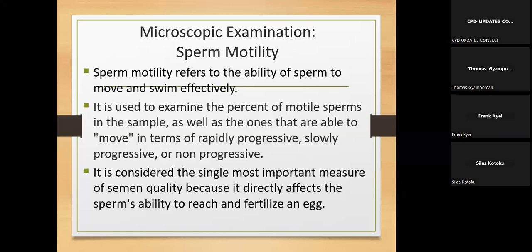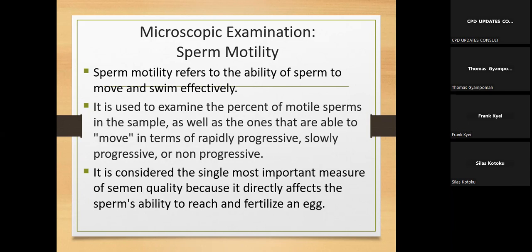So all those will be captured, plus those who are moving fast and those who are moving slow, plus those who are just staying one side and shaking their tail. All of them are included in motility. So if you talk about motility, that's what we're talking about. Total motility, progression, non-progression, all combined gives you your total motility. So take note of that. In that concept, it doesn't matter.